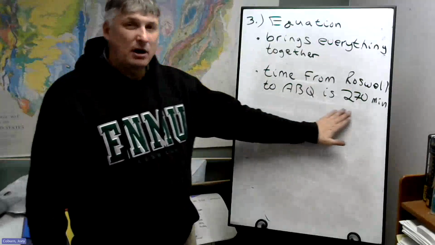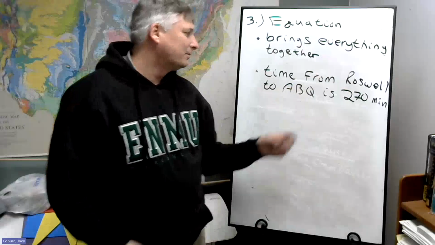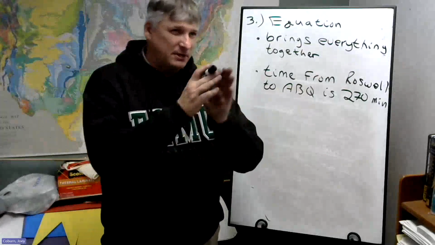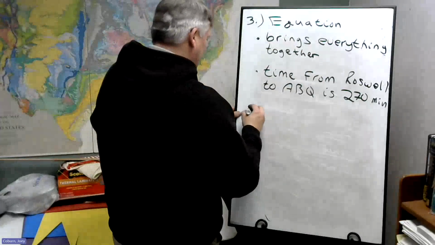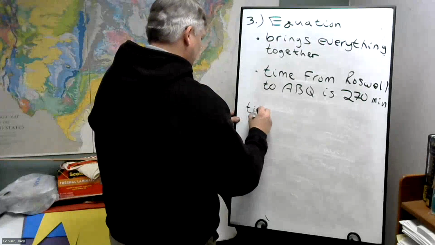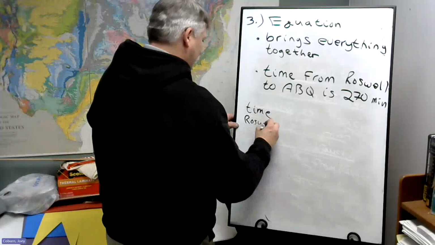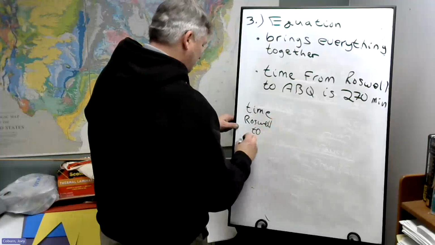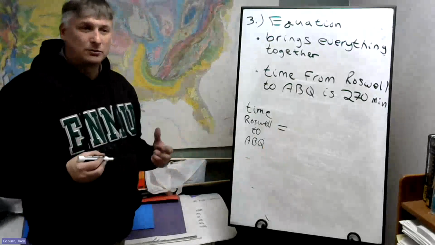So what's going on here? Well, if we're driving from Roswell to Albuquerque, we're going to drive through Vaughn if we're taking that northern route. So that means the time Roswell to Albuquerque, what is that equal to?